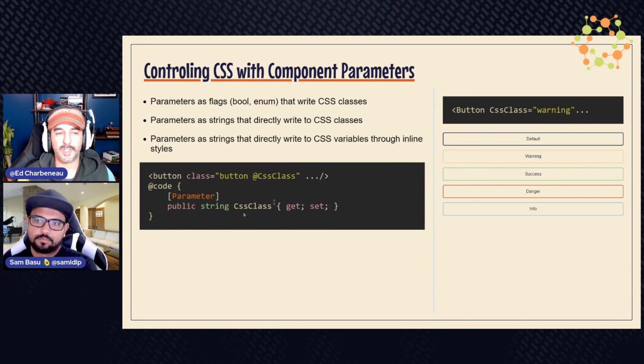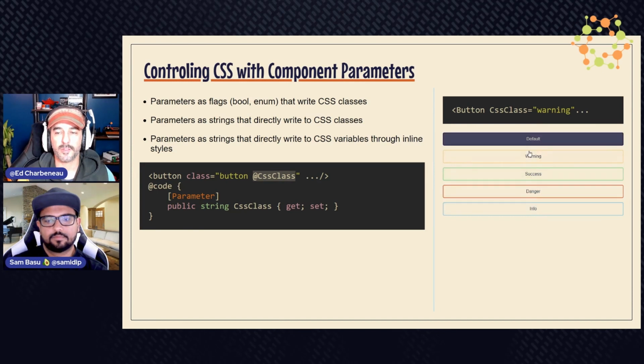So we can have things that are set through a string. The example here is a button. There is a base CSS value like button, and then in my parameter of CSS class, I'm appending some text or some string to the CSS class here, which gives me the ability to use all of these different color buttons without having to touch the Sass or CSS code itself.